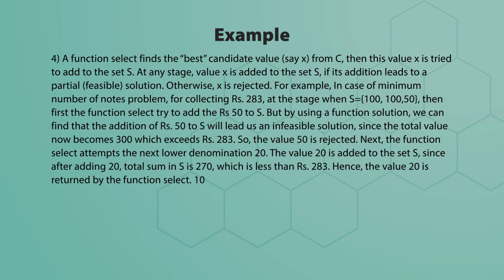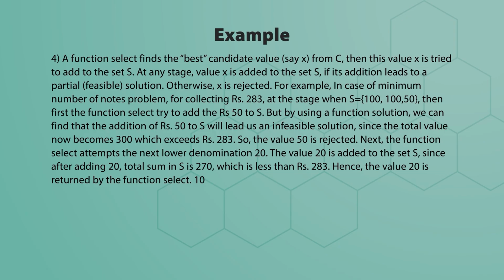Now another function that we use is select. The select function will find the best candidate value; we are getting the input from the candidate set. So how this function behaves is that first you take the input x. By adding this x, if you are getting closer to the solution, then it will add it.